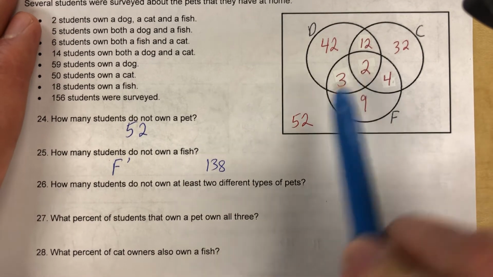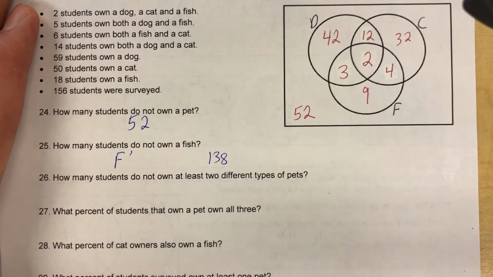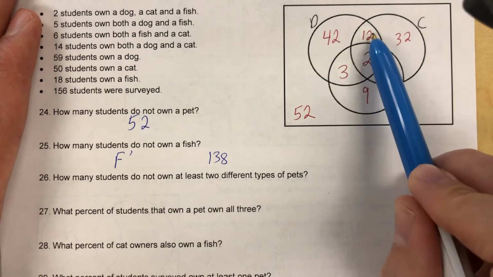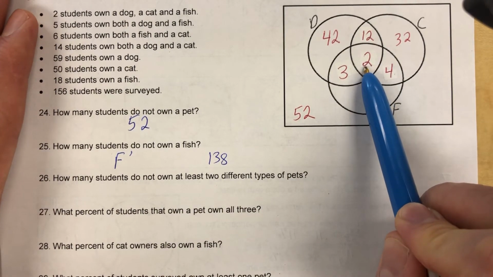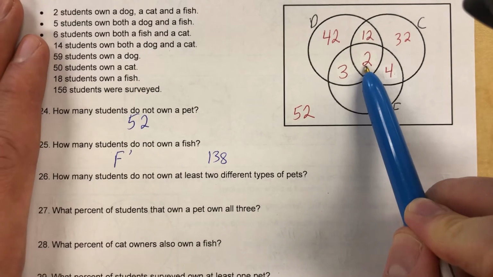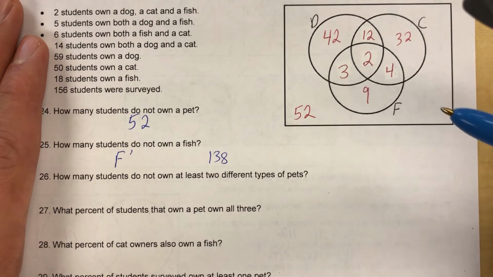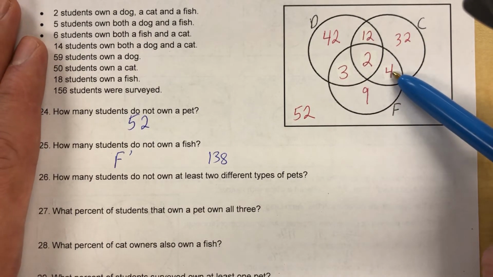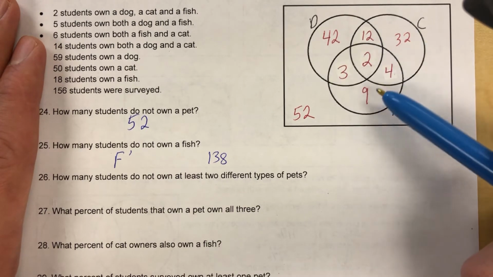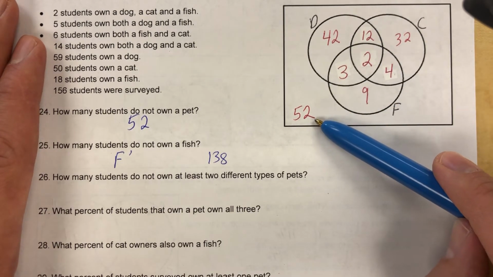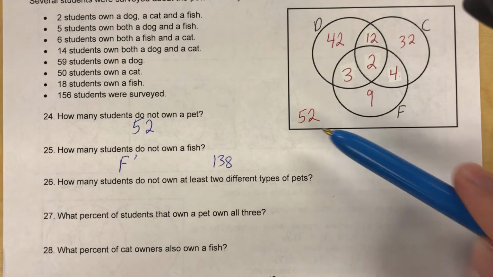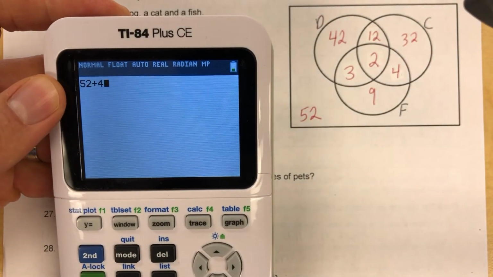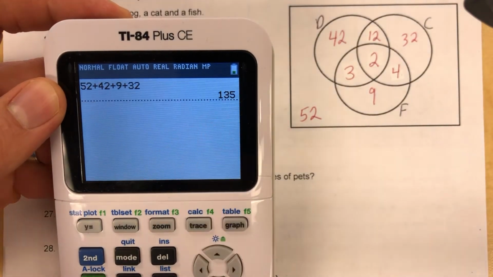If they do not own at least 2 different types, or even 3, because that's what at least means, you could go higher. Then I'm going to add together all the numbers except 12, 2, 3, and 4. So let's add together 42, 32, 9, and even those that don't have a pet, because, hey, they don't have at least 2 different types of pets. They have 0 pets.